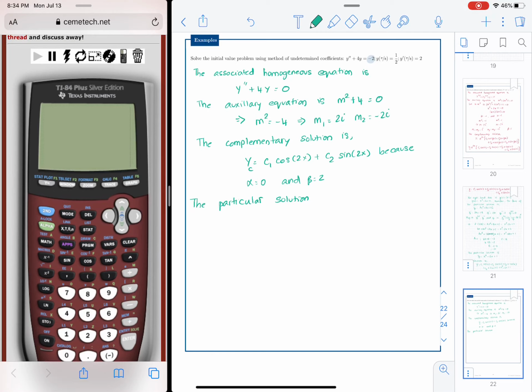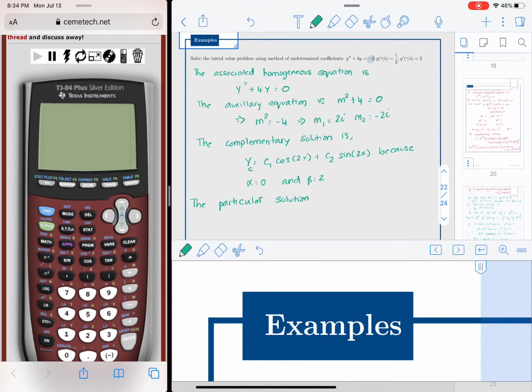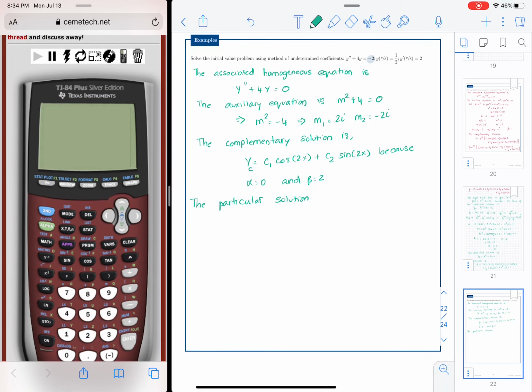So that's exactly what we are going to do. So yp is simply some constant a.